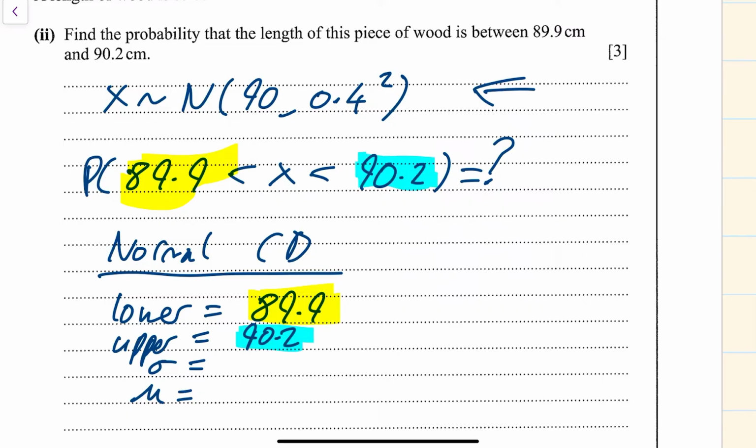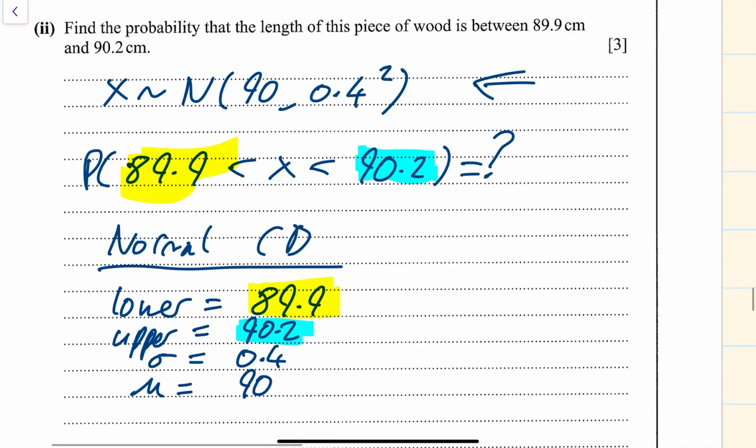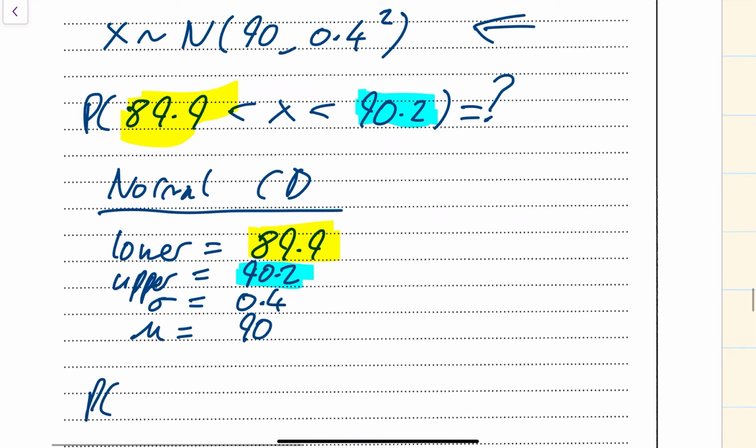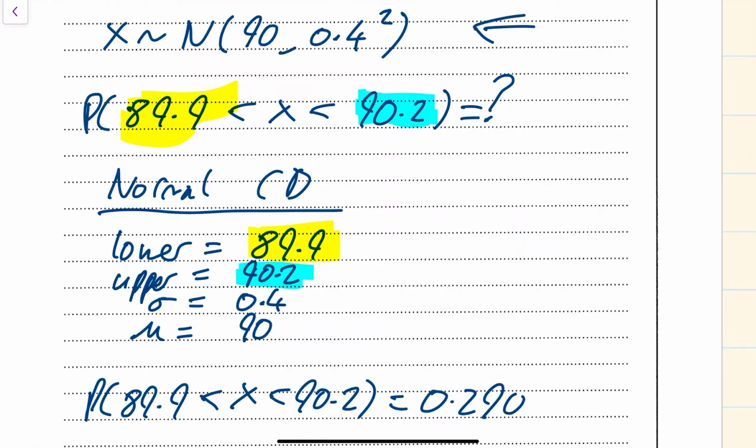That's where that came from. Your sigma is up here, it was 0.4, and your mu was 90. And then hit that into your calculator. And that gives you the probability that 89.9 is less than X is less than 90.2 is equal to 0.290 to 3 sig figs.